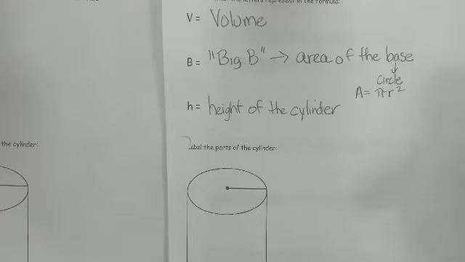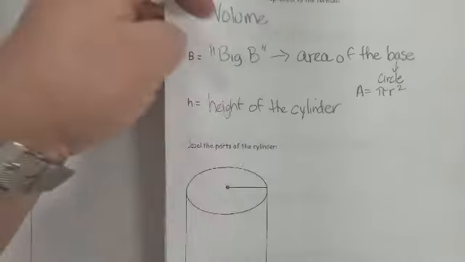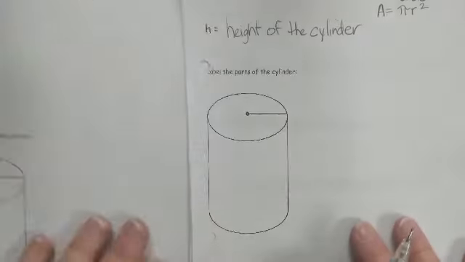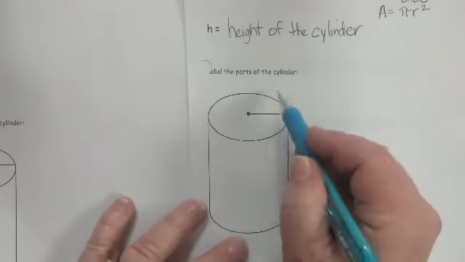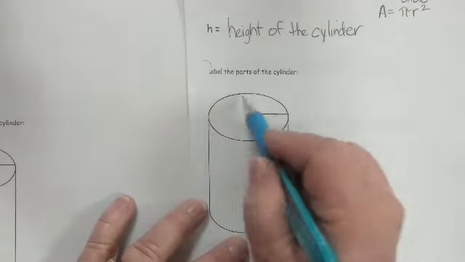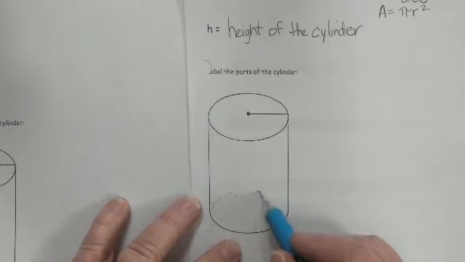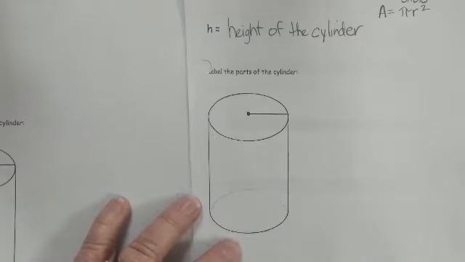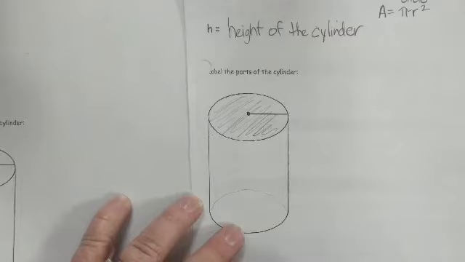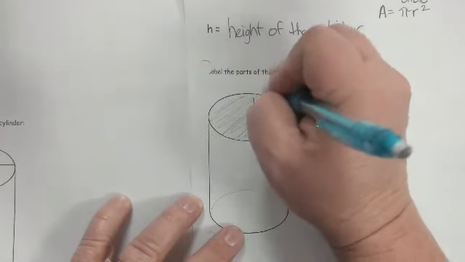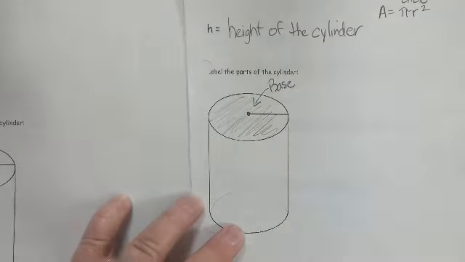Now let's look at it on a cylinder. So it says label the parts of the cylinder. So here is your base. Now it has another one down here that it's sitting on, it's just you don't see it. So this is your base. It is a circle. Okay, so here is your base.